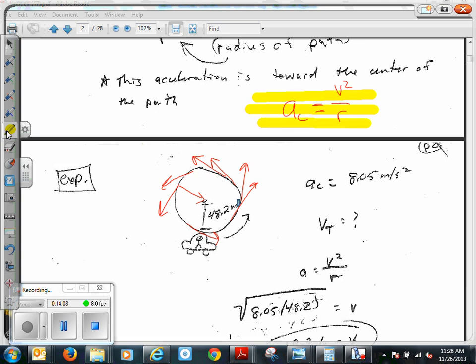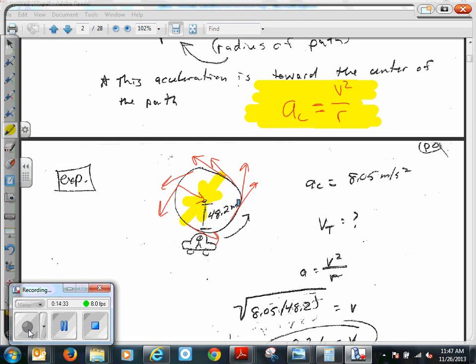Centripetal acceleration is v squared over r. Okay, so we saw some demonstrations and things like that. But what it comes down to is we have centripetal acceleration, and that is completely 100% towards the center. At all points, the acceleration is towards the center.